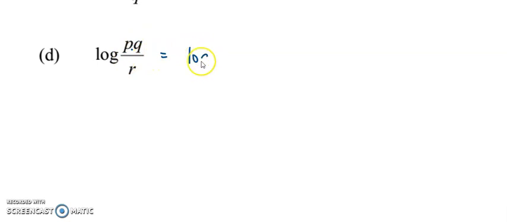So when we want to split them, we have log p plus log q, because the operation over here is multiply, so this will be addition. And for the r, we are going to subtract log r, because the operation between pq and r is division, pq over r, so this one will be negative.